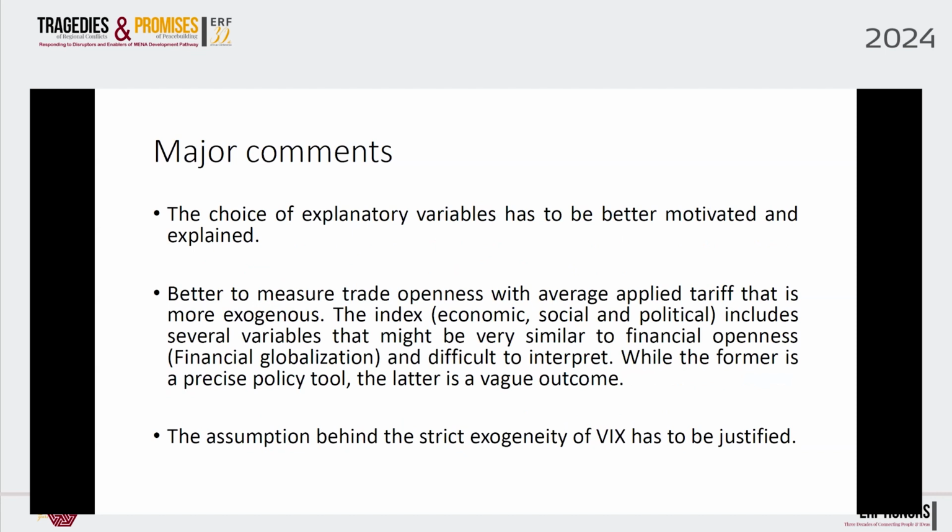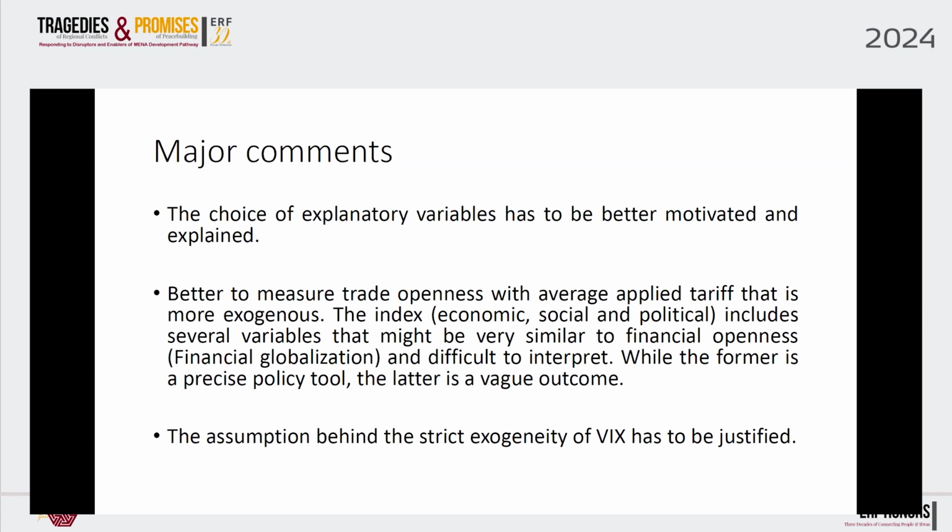And this is also very important, because the choice of the explanatory variables that you're including in your main equation is not really motivated, neither theory-based, in the sense that we want to see for each variable that you include why, from a theoretical perspective, it matters for either IFI or RFI.